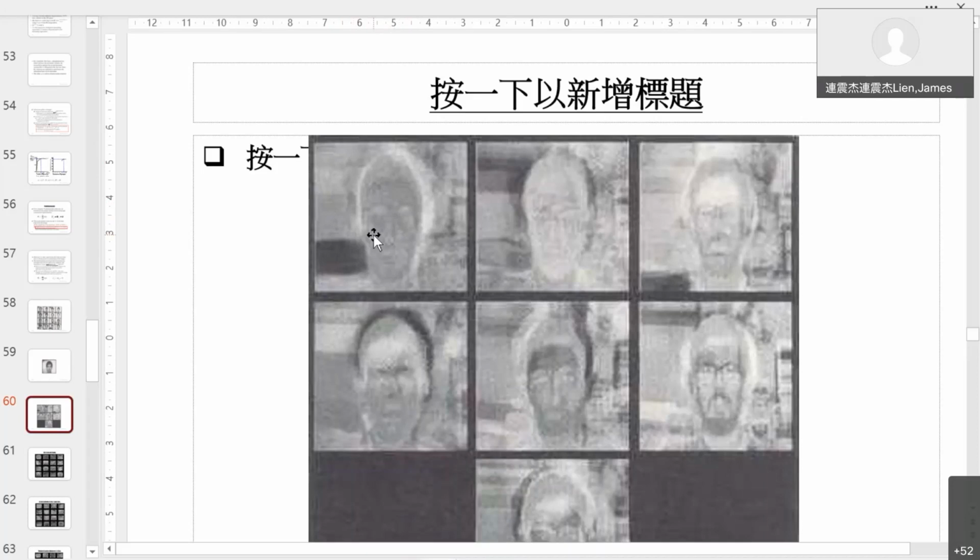This is what we call attention. In deep learning, after several years, people now start to talk about attention. What is attention? The important part, the important feature.